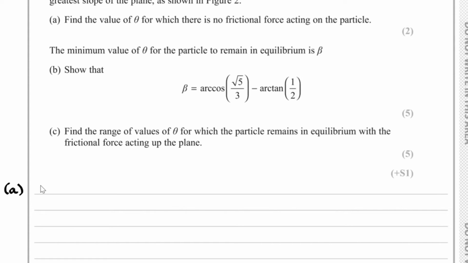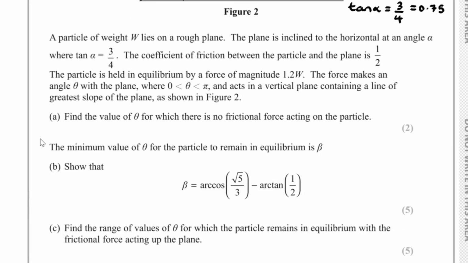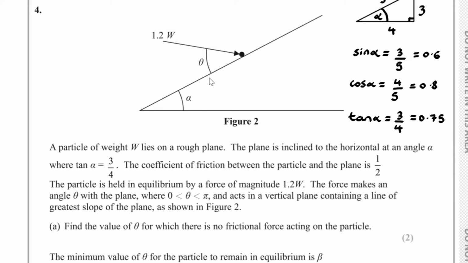So for part A, if we resolve parallel to the plane, then if I first of all draw the weight force acting downwards, here we've got W, and then the component of it, which is parallel, well, we've got this component over here, and that will equal this component over here.